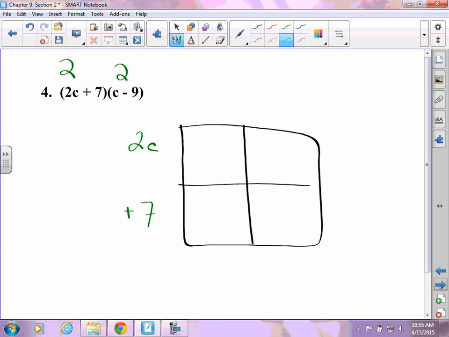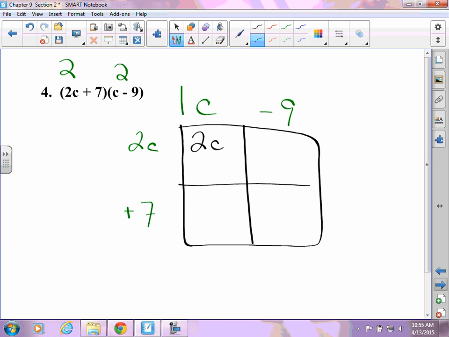All right. And up above, I'm going to put C minus 9 because I did that already, right? What number's in front of the C? A 1. Okay, so 1 times 2 is 2. So I got 2C squared because there's exponents there, okay? What do I get in the upper right-hand corner?